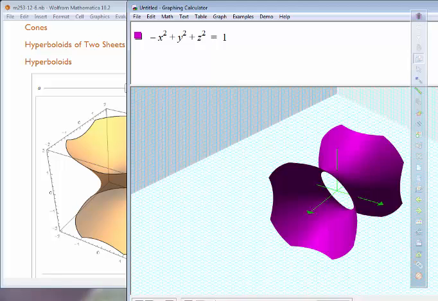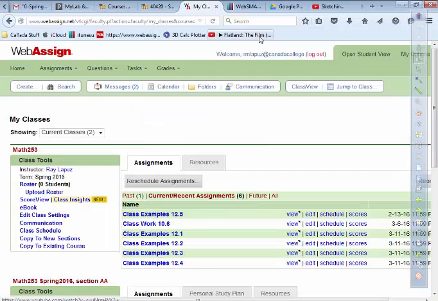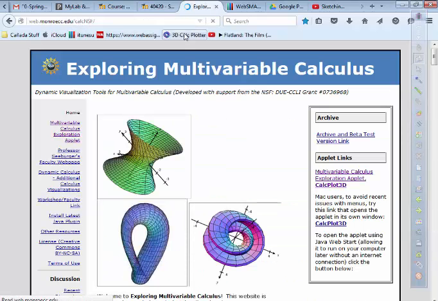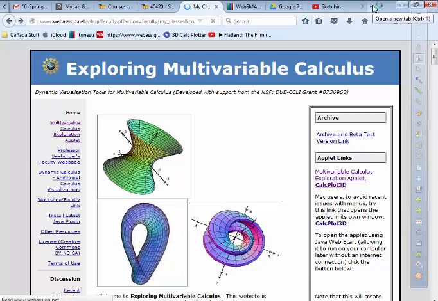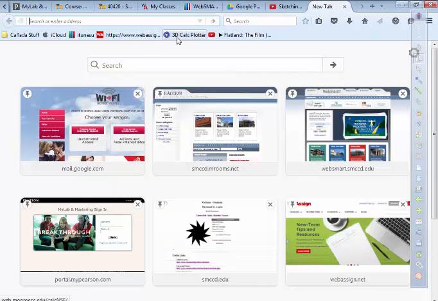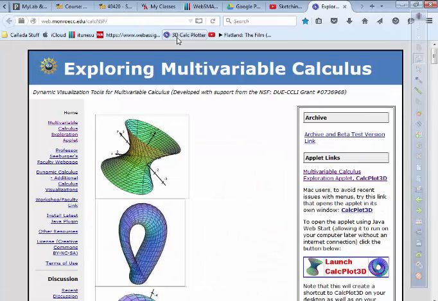But if you can't buy this program, I've told you about that site, or the 3D calc plotter that you can run on your computer, and it's free.